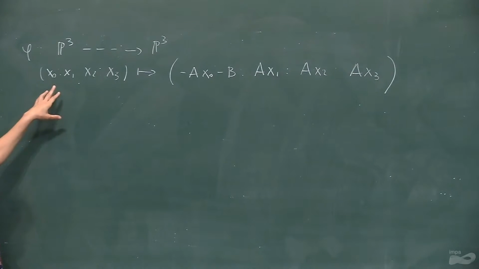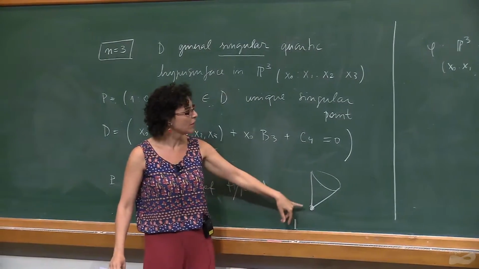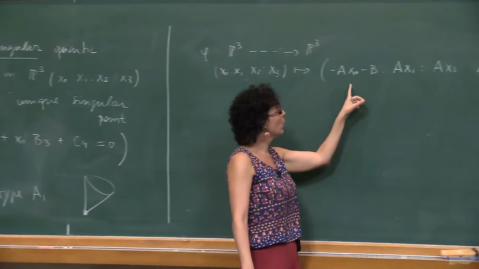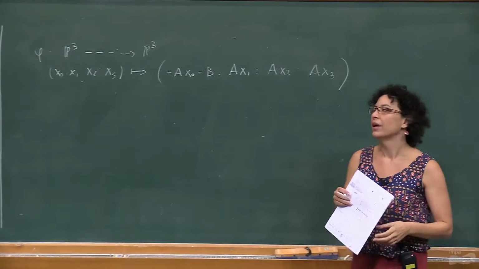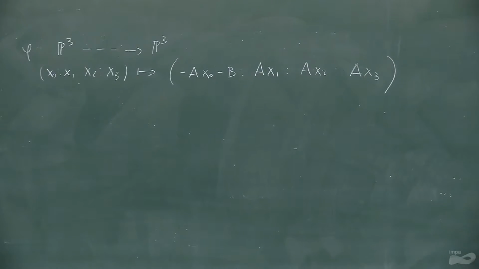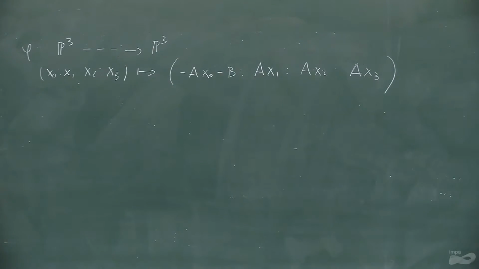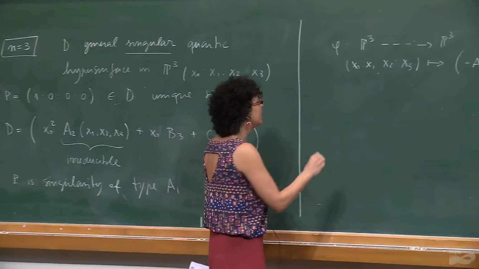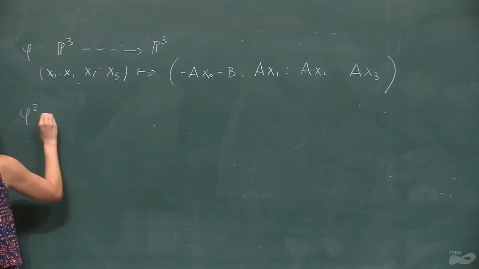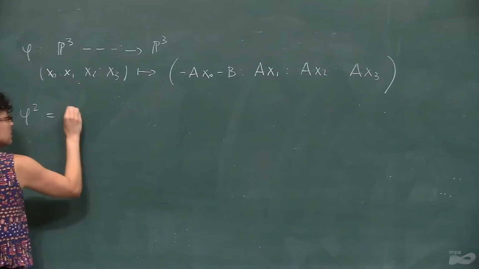It contracts, for instance, the cone a equals 0 to the point (1, 0, 0, 0), and it is not defined at the intersection of the hypersurfaces defined by a and b. So this is a non-trivial birational map that preserves this D. And you can check also that it is an involution.